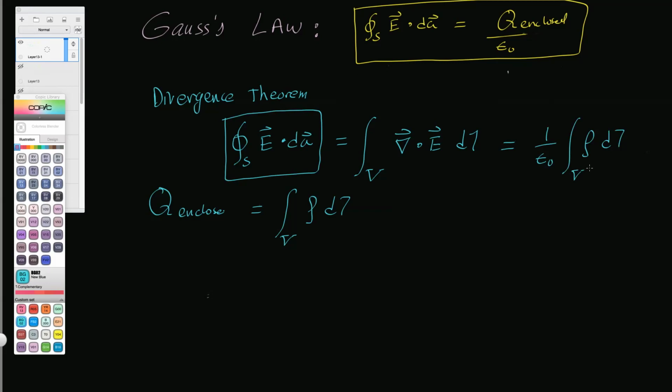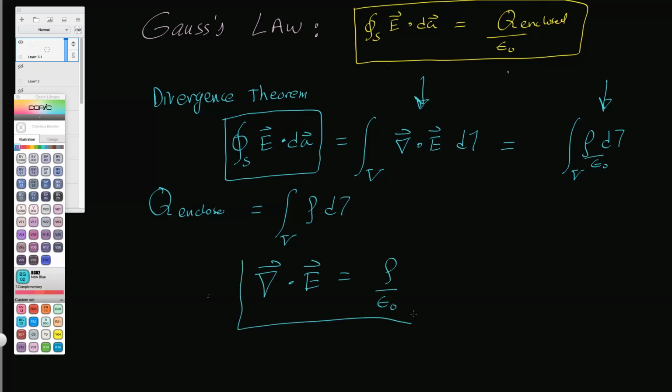I'm going to put the epsilon naught inside the integral, just because it looks nicer. That means the integrands have to be the same. So I can write del dot E is equal to rho over epsilon naught. And this is the differential form of Gauss's law.